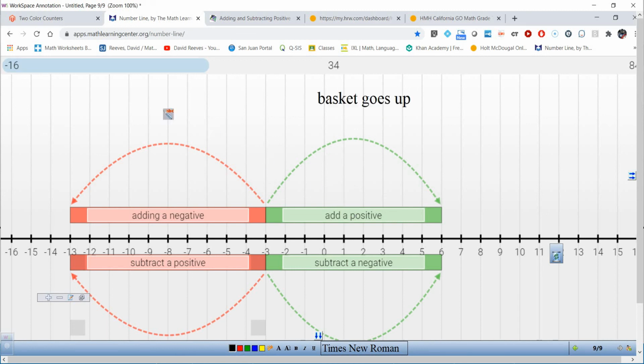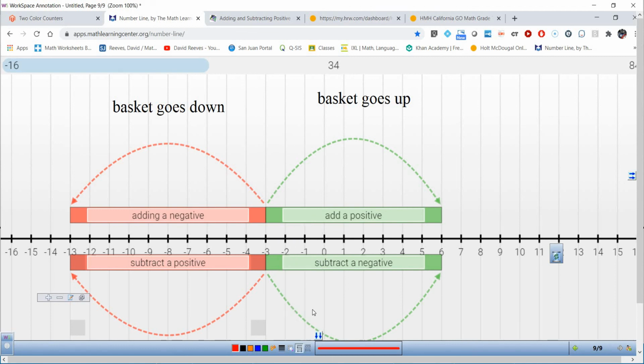All right. And this one right here is going to be the basket goes down.